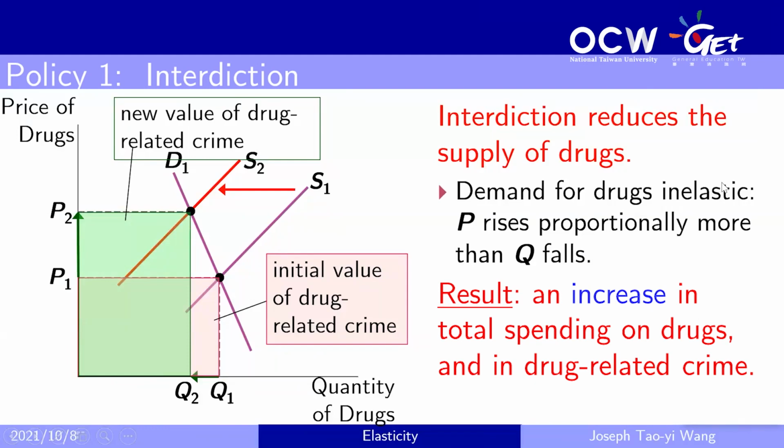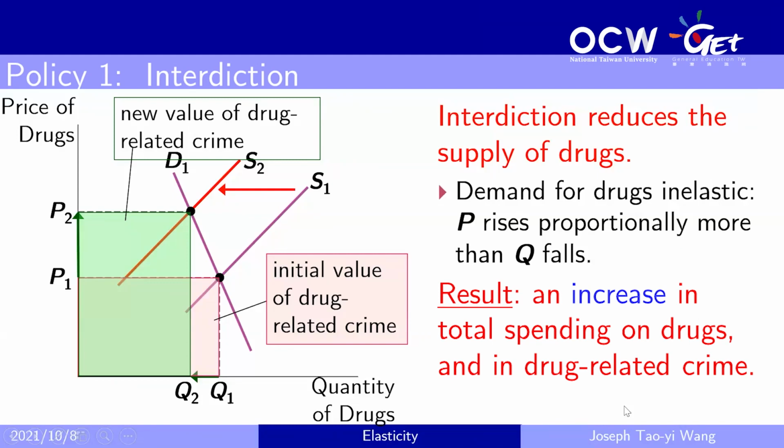The key thing is that you're addicted. So these drug buyers, even if the price is high, they still need to consume the drugs because they're addicted. So the only thing they can do is to try to commit more crime to get the money to buy the drugs. And of course, that's not good, but that's what's going to happen if you misunderstand that economics is telling you that cracking down on the sellers might actually backfire.